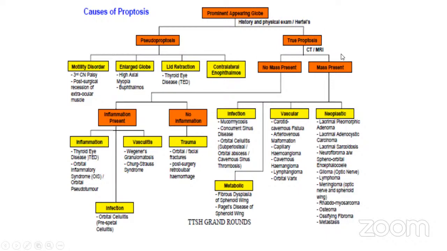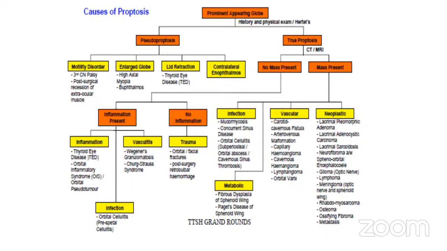A CT or MRI of the lesion has to be done. If there are no masses present, it could be because of an inflammatory cause. The inflammation could be because of thyroid orbitopathy, vasculitis like Wegener's or Churg-Strauss syndrome, and an autoimmune cause, which could induce pre-septal cellulitis.